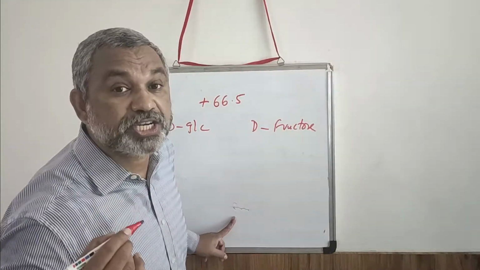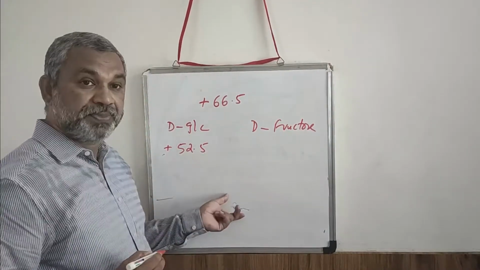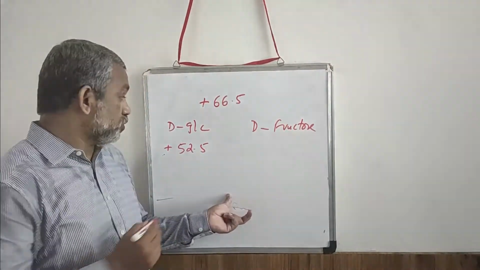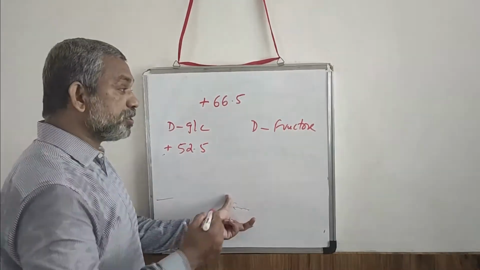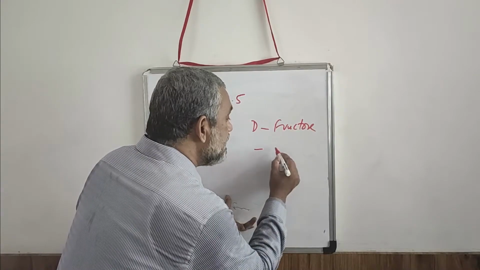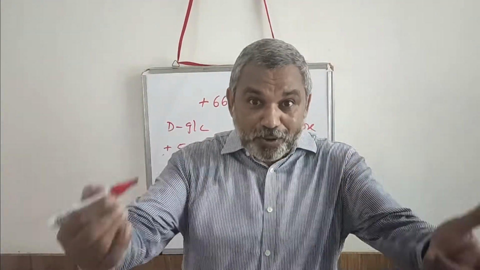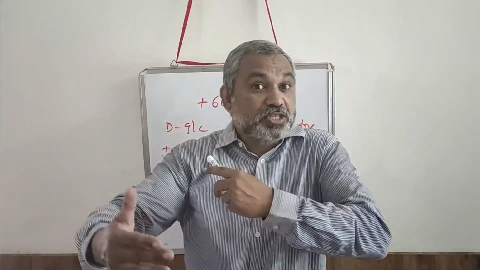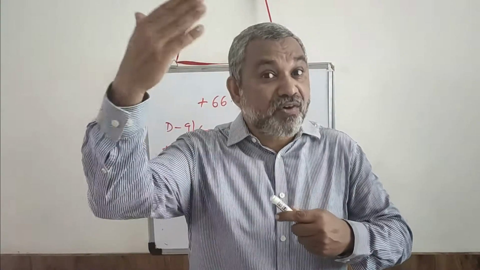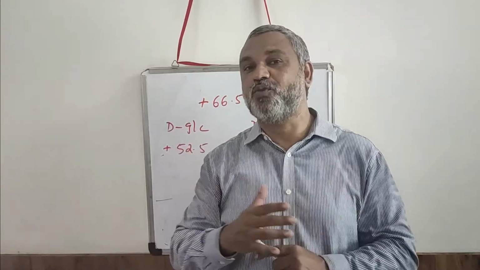What is the specific rotation of glucose? It is plus 52.5. Specific rotation of fructose is minus 92 degrees. So which is more powerful? This minus. Since fructose is more levorotatory, that will overcome the dextrorotatory nature of glucose.